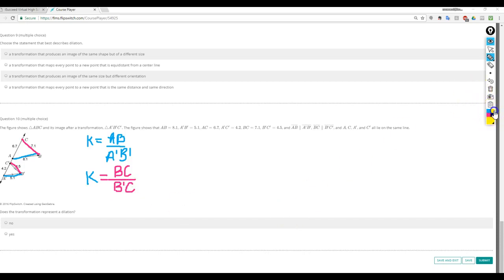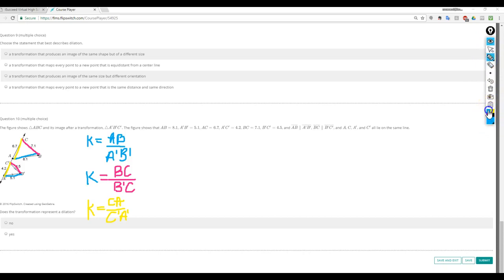And the last remaining corresponding sides is from C to A. And we're going to find that scale factor, the ratio from C to A, and compare it to the corresponding side of C prime A prime, because it's the third vertex to the first vertex. Now we're finding the distances of those.